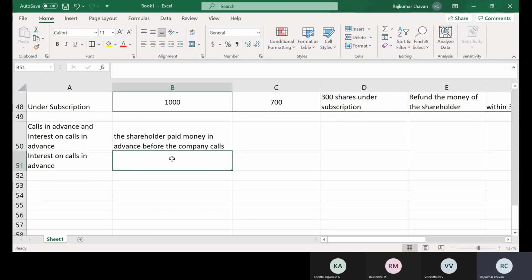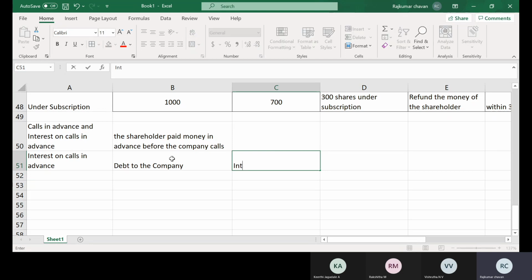Remember, interest on calls in advance is a debt to the company, because they have to pay the interest on that. The company is liable to pay interest on the amount received as calls in advance from the date when the shareholder paid. So when is interest paid?